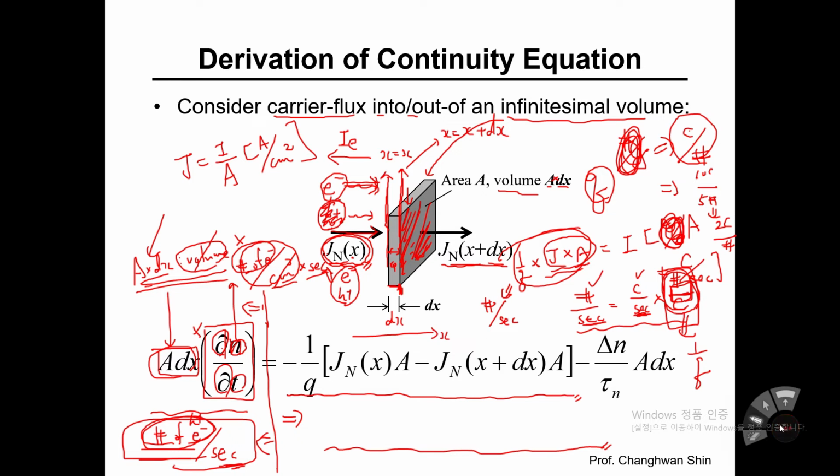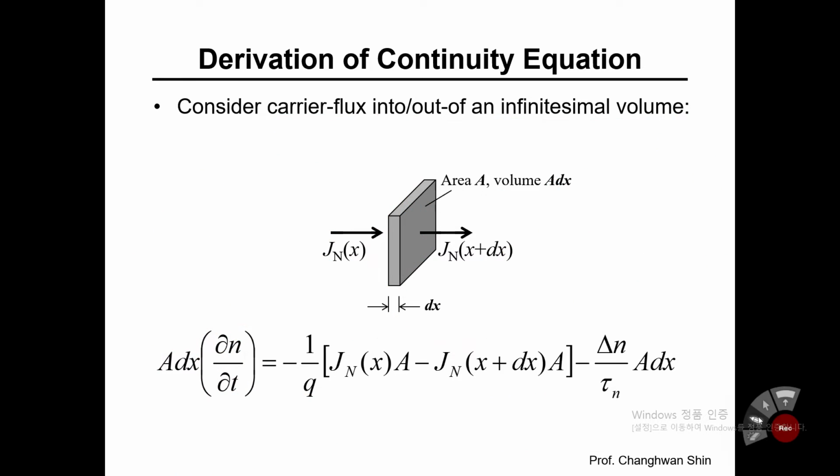Now let's erase my note and take a look at here again. The carrier is moving into and out of the volume. How many carriers are killed or generated?